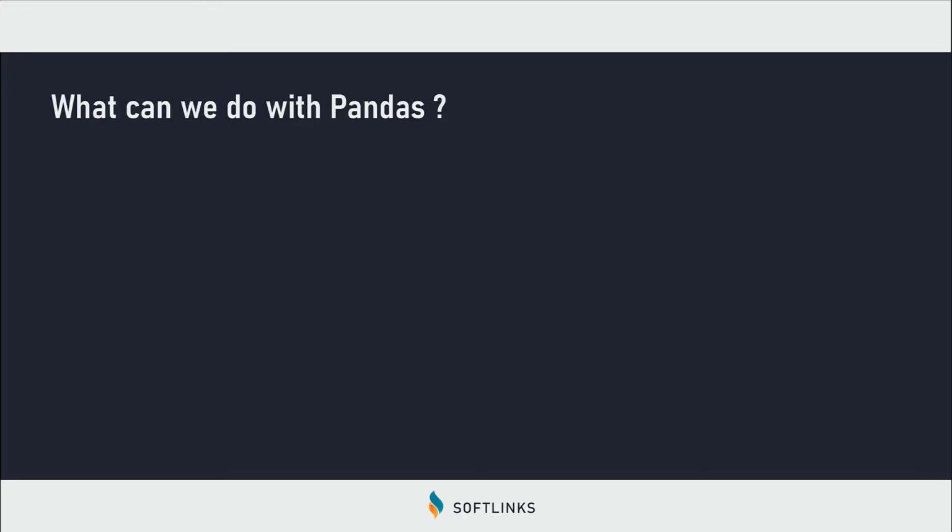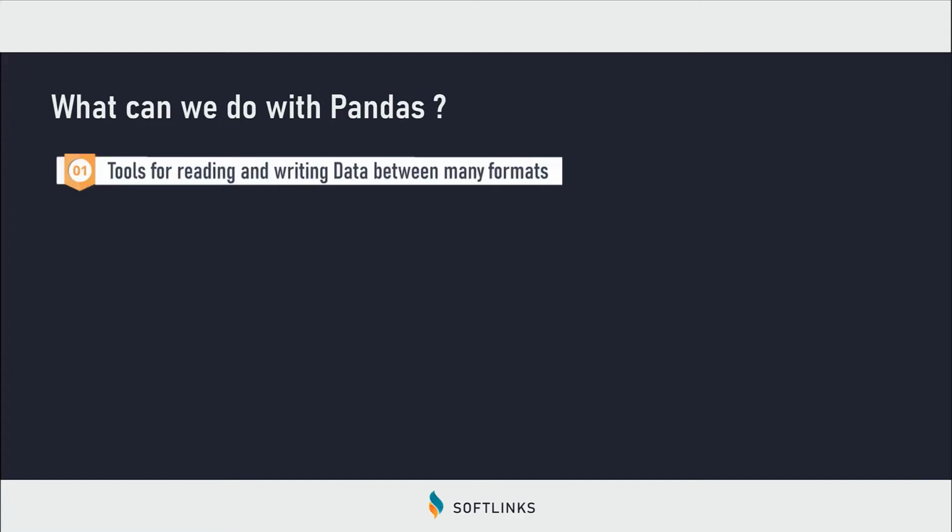So what are the things we can do with Pandas, and why would we want to use it instead of opening up something like an Excel spreadsheet or Google spreadsheet? Well, Pandas comes with built-in tools for reading and writing data between a wide variety of formats.